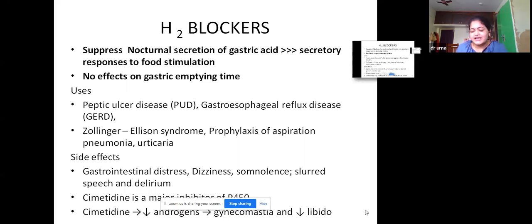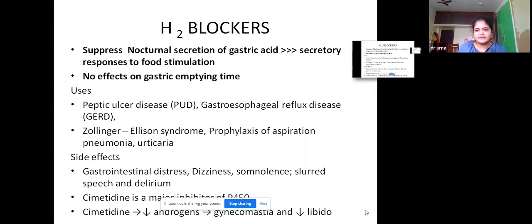In urticaria, it is used along with H1 blockers. The side effects are mainly gastrointestinal distress, dizziness, somnolence, slurred speech, and delirium. Slurred speech and delirium are more common in the elderly.